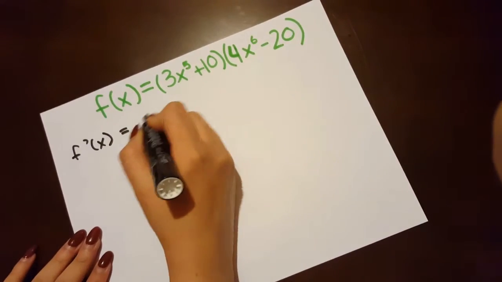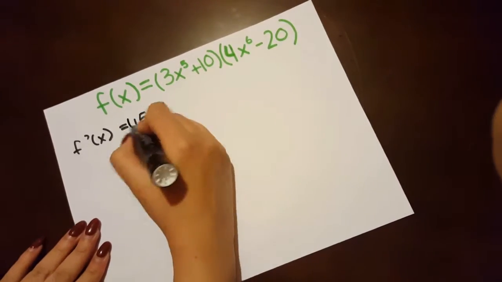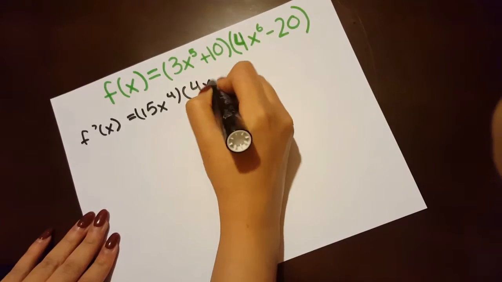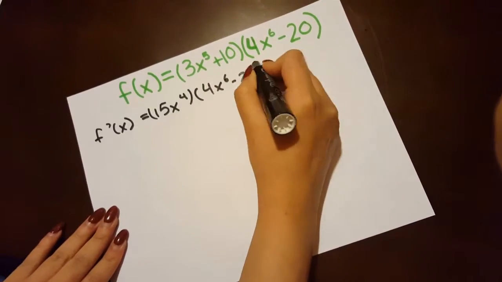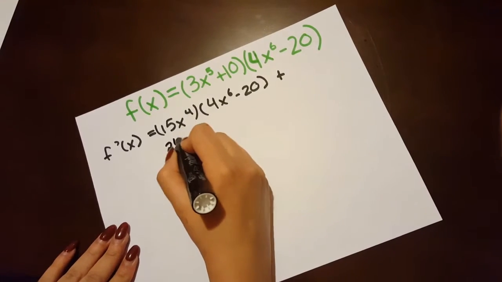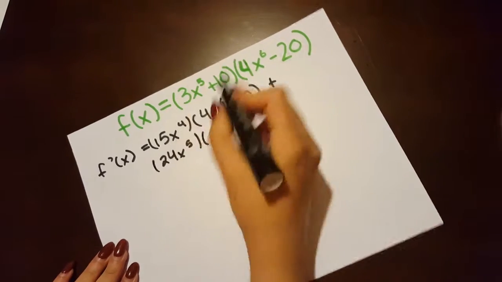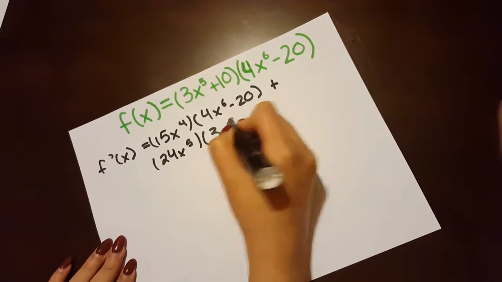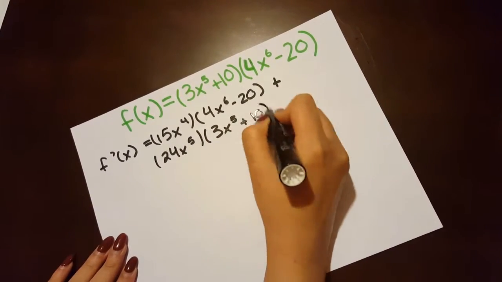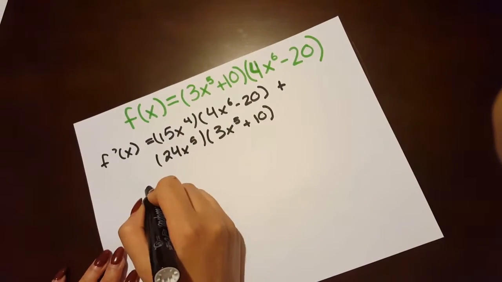So this would become 15x to the power of 4 times 4x to the power of 6 minus 20, plus the derivative of this, which is 24x to the power of 5 times 3x to the power of 5 plus 10. So that's the derivative, not simplified.